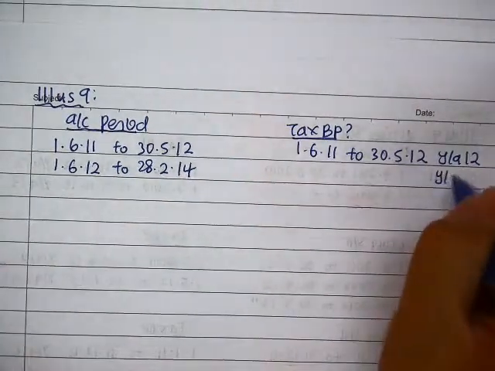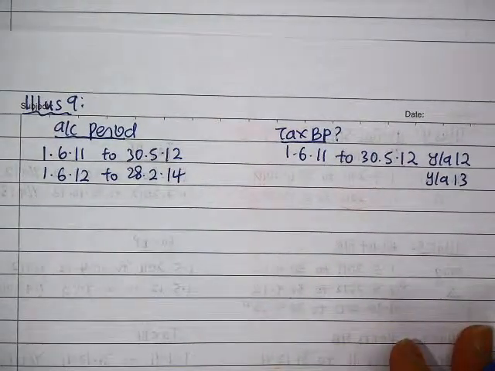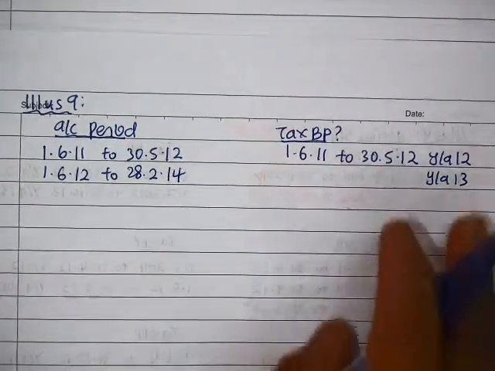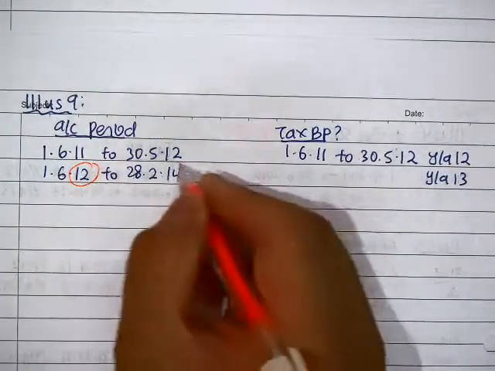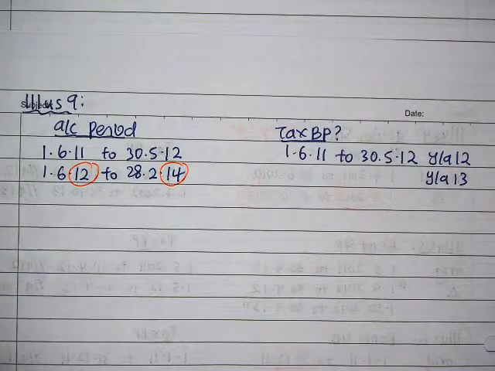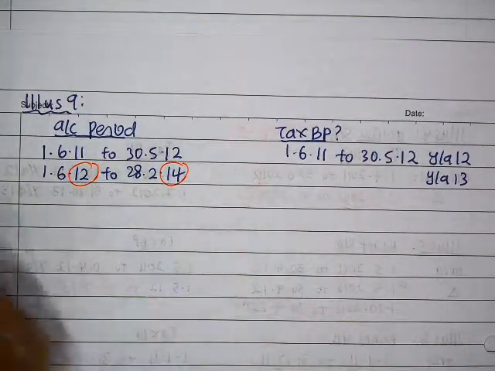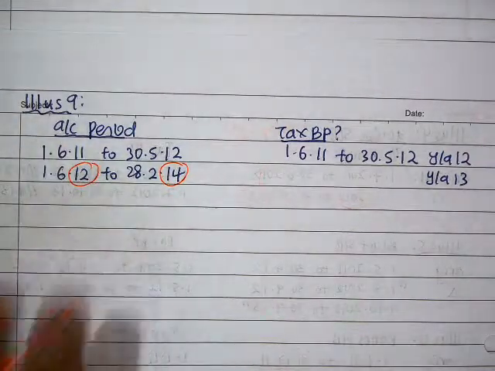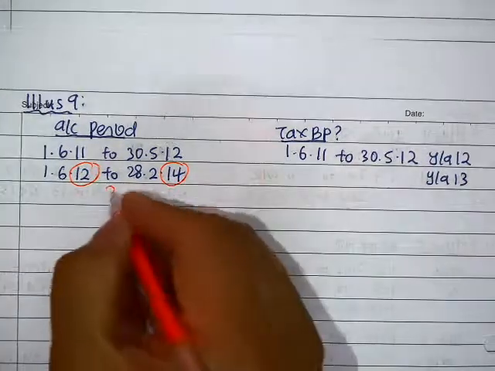Okay, now I need to determine basis period for Y13. See, for Y2013, this is not 31st December, and you can see that the change overlaps 3 years, 12, 13, 14. So once the change overlaps 3 years, we know what we do is you count how many months are there and divide, right? Okay, so that will be 7, 12, 2, okay, 21.